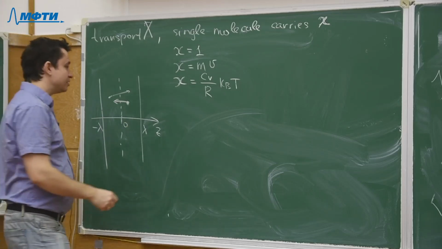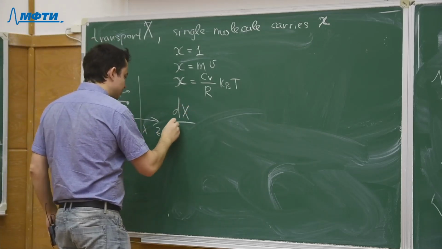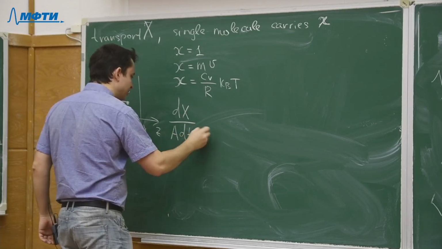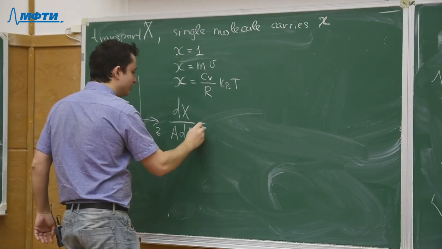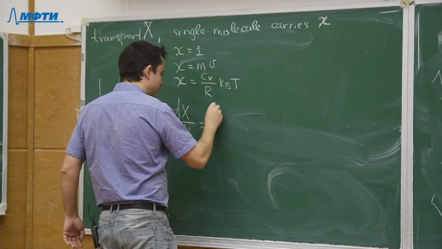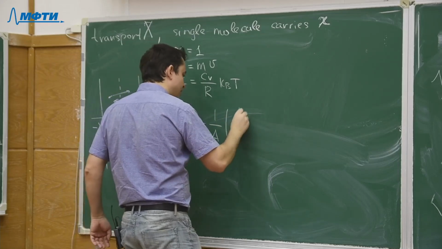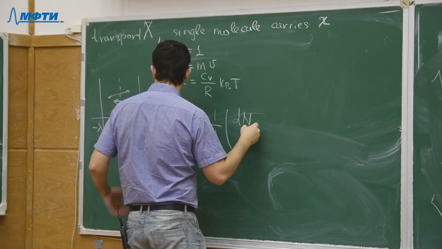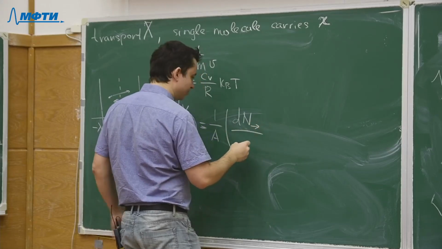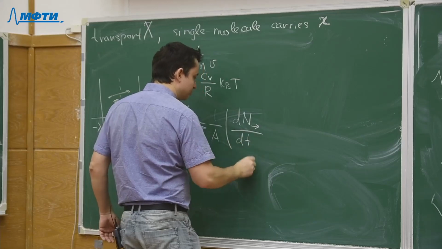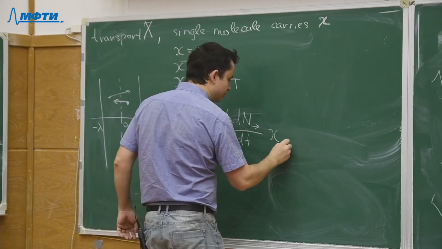So that means that the amount of x being transferred per unit of time per unit of this cross-sectional area can be determined as follows. First of all, we need to write 1 over cross-sectional area multiplied by dn, the number of molecules transferred in the right direction per unit of time, multiplied by x carried by each of these molecules.